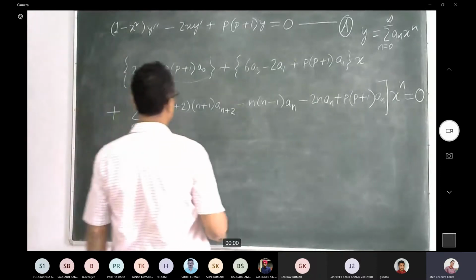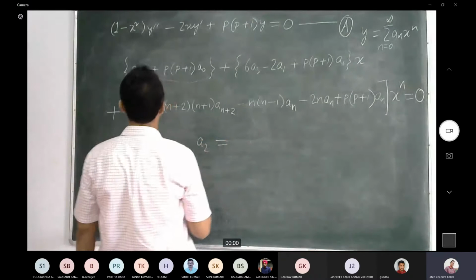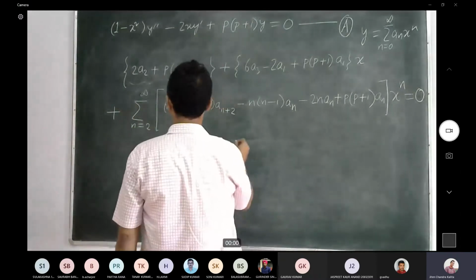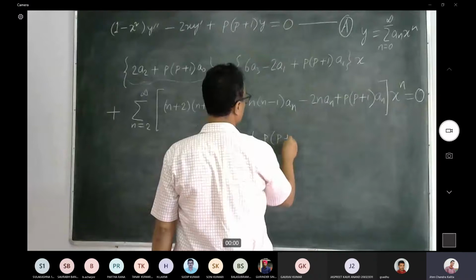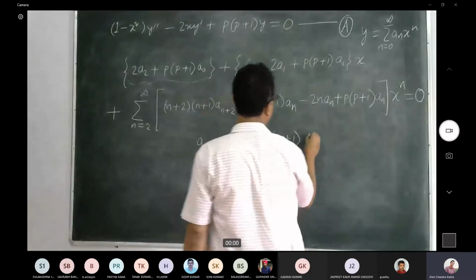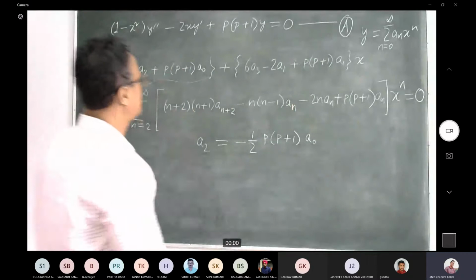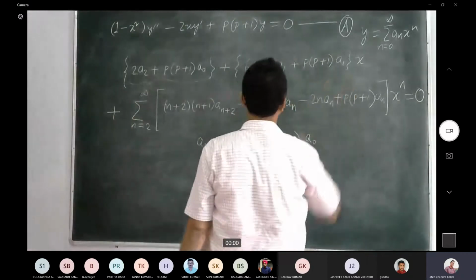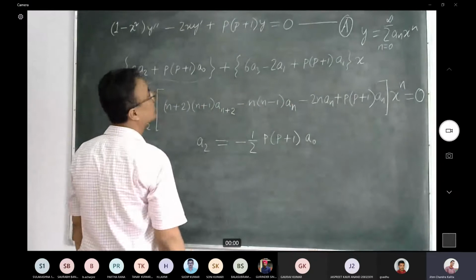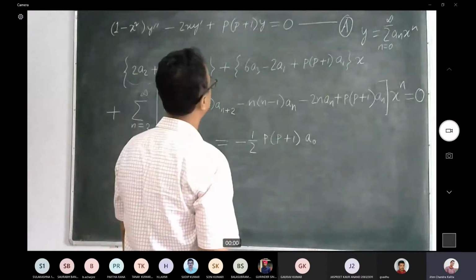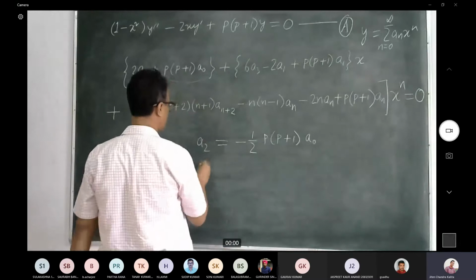This is going to lead me to the recurrence formula, a2 equals minus half p into p plus 1 a naught, right? Similarly, this one, what is it going to do? Let me write it down first.